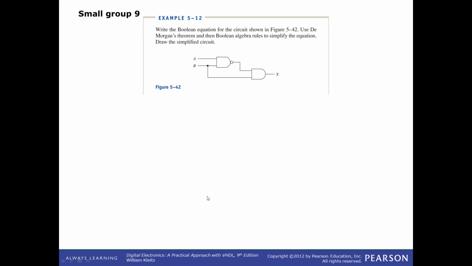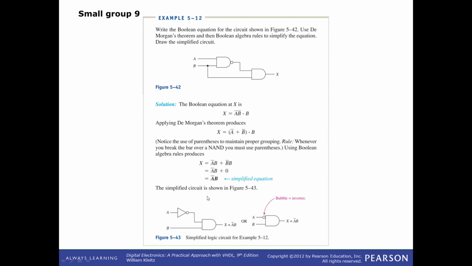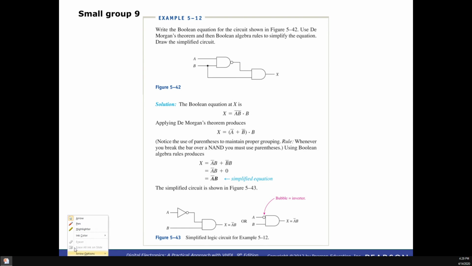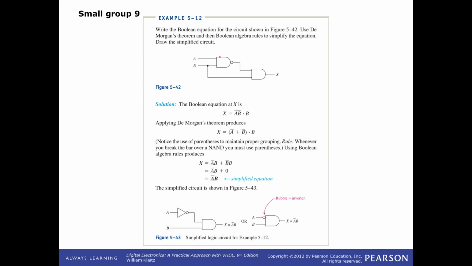So here they want us to write the Boolean equation for this circuit using DeMorgan's theorem. Because this isn't too complicated, I'm just going to go ahead and reveal the solution that they give here. So first of all, if we were to figure out what the equation is, we would take this first NAND gate, and we'd say that it's A NANDed with B. So A, B with a big bar over it.